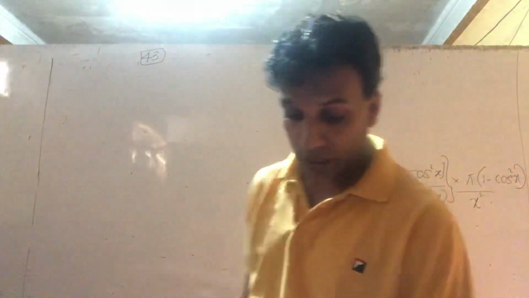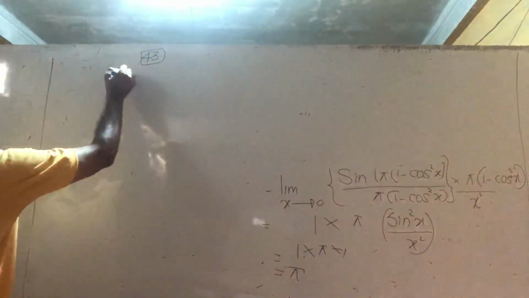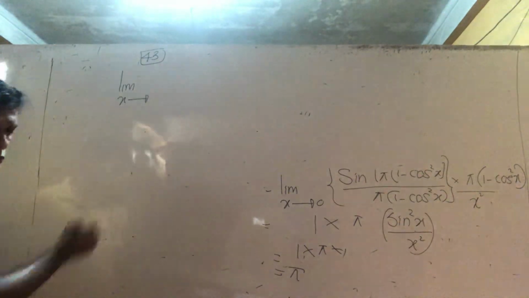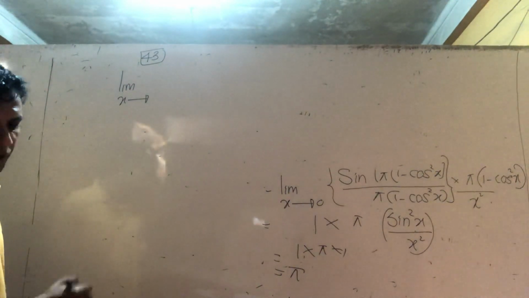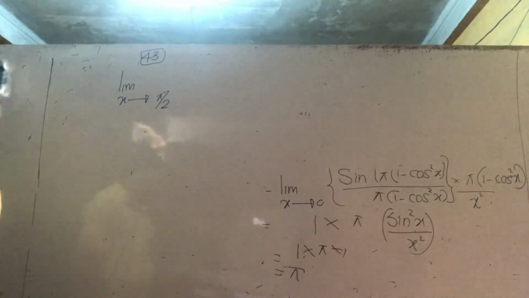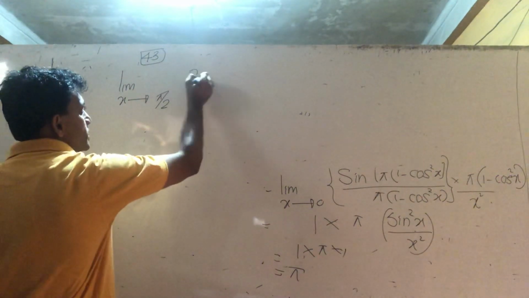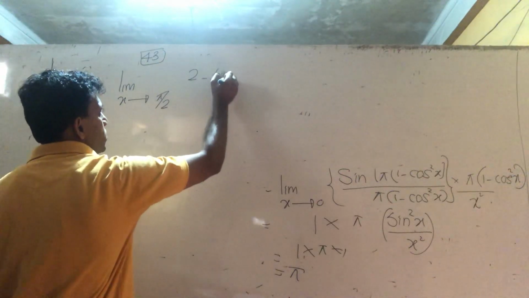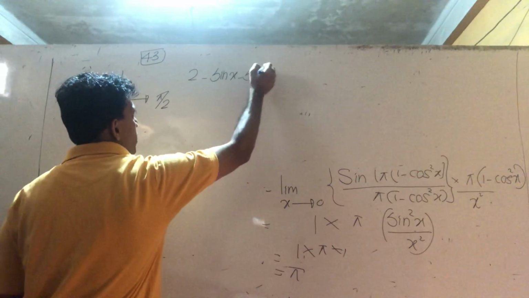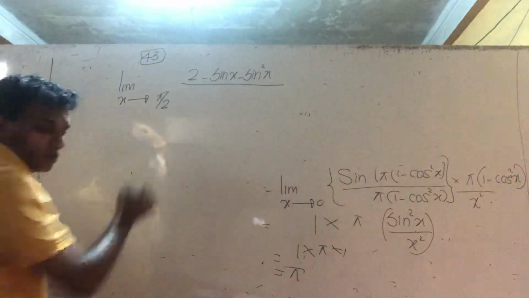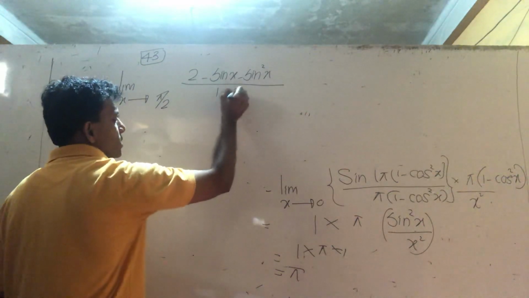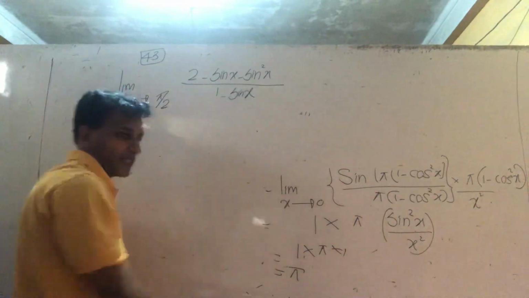Next question 43. Limit as x approaches pi by 2 of (2 minus sin x minus sin²x) over (1 minus sin x). Trigonometric limit.